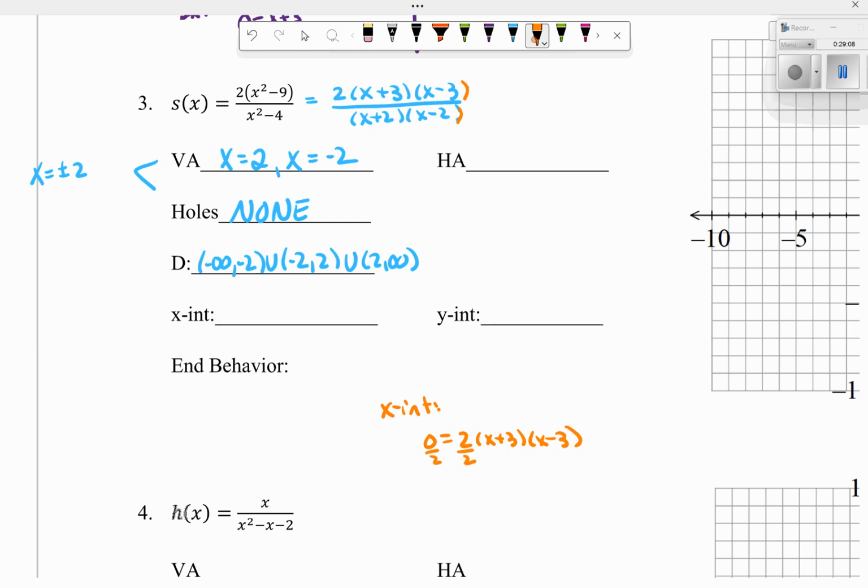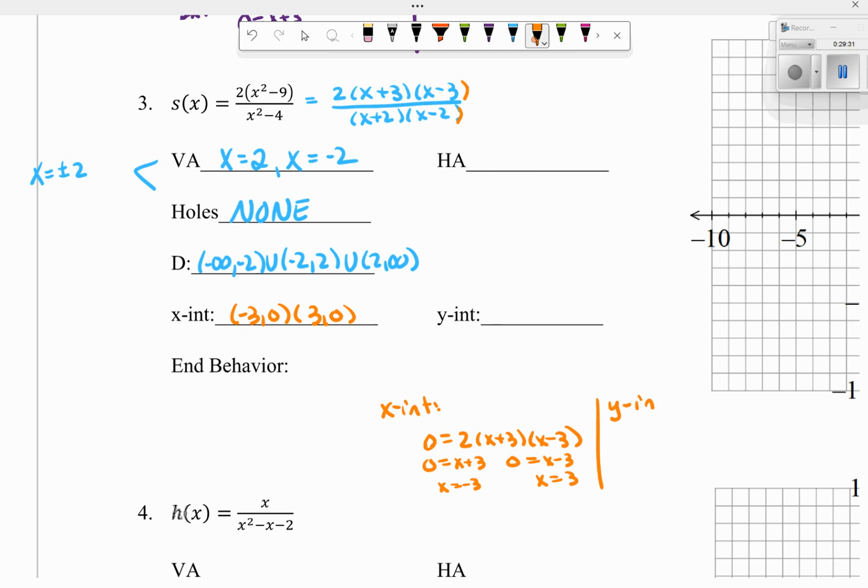So really you're dividing this 2 out. So 0 divided by 2 is 0, so you don't really have to worry about that 2 in front. It doesn't have a variable attached to it, so it doesn't do anything. So we have 0 equals x plus 3, 0 equals x minus 3, so we get x equals -3 and x equals 3. So our x-intercepts are -3, 0 and +3, 0.